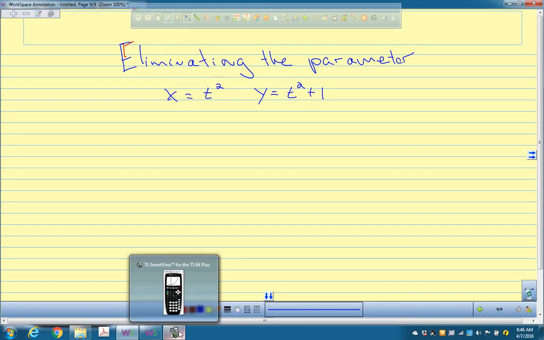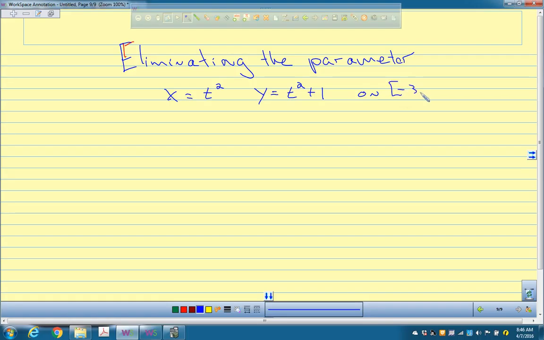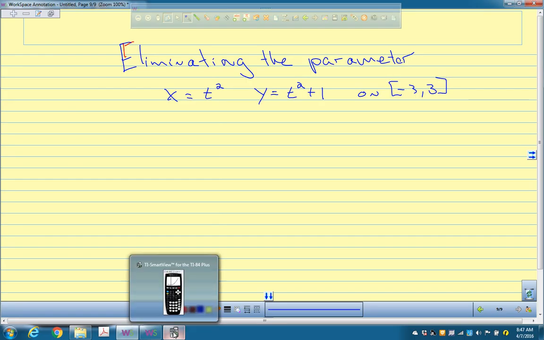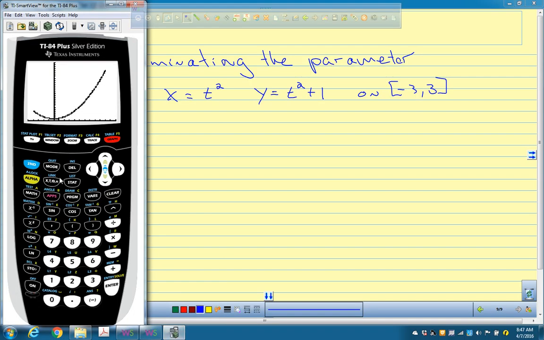If I were to graph this on -3 to 3, I'm just going to change my x and y equals to t squared, and t squared plus 1.